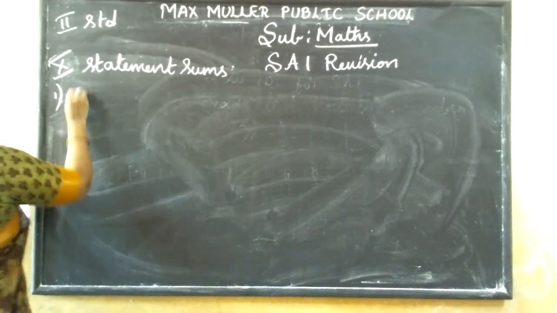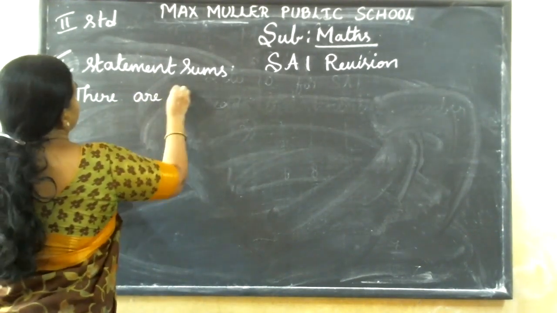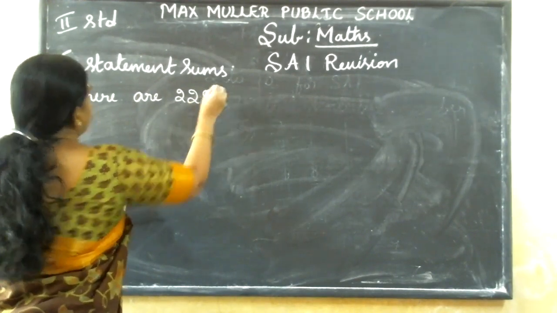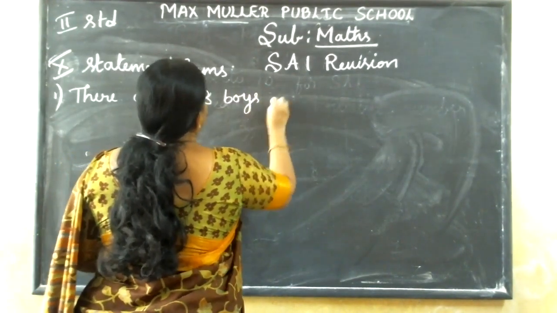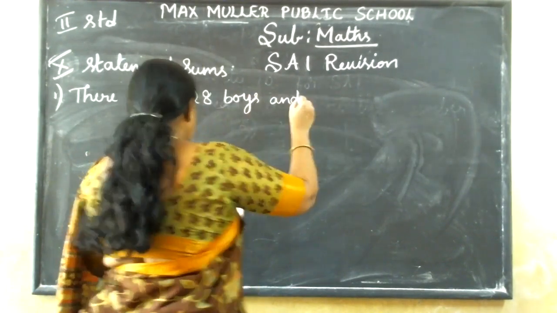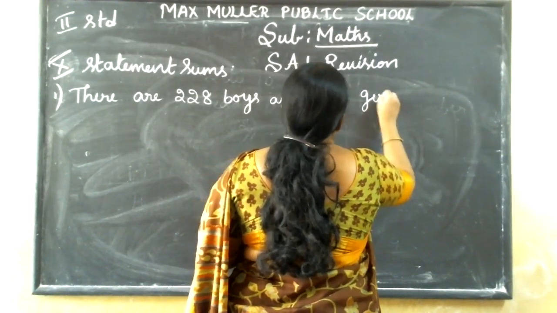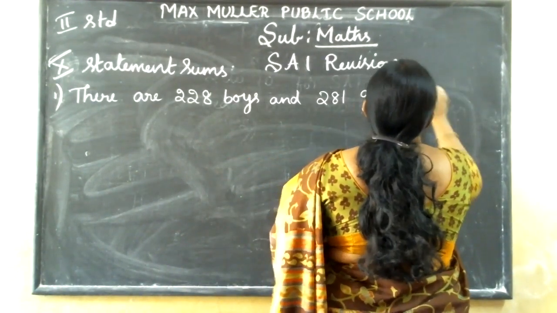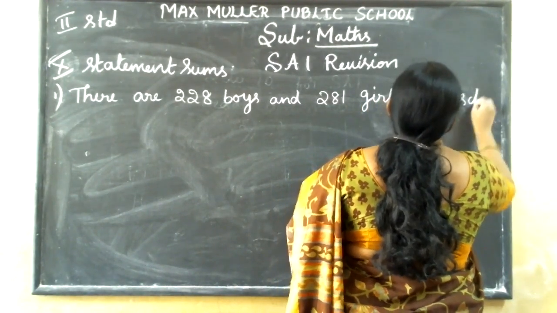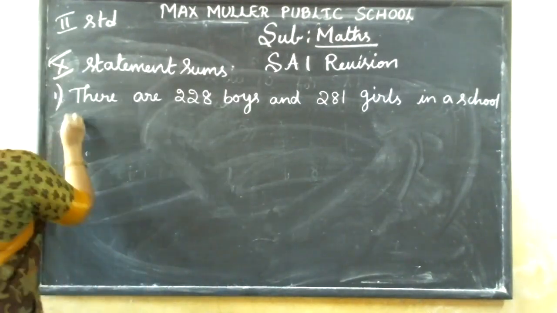There are 228 boys and 281 girls in a school.